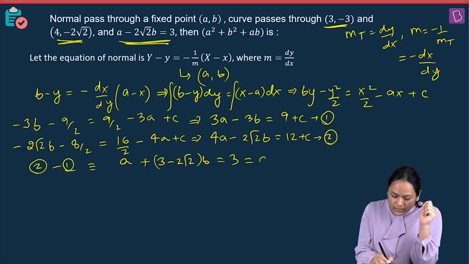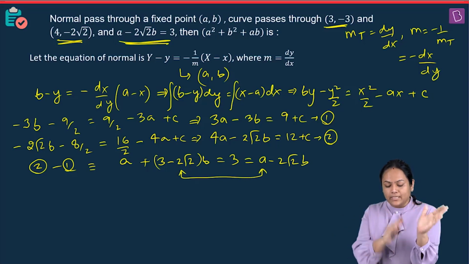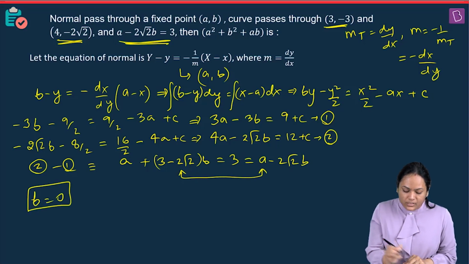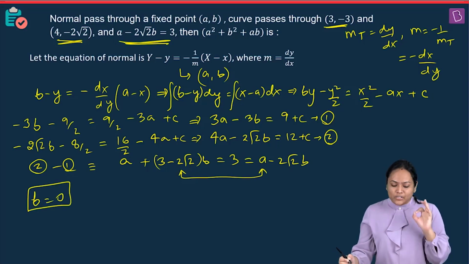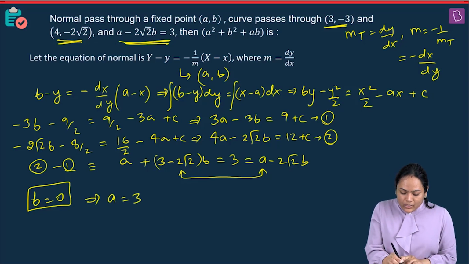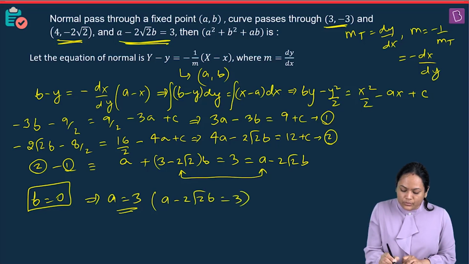So in place of 3, if I write here A minus 2 root 2B, and compare the left and right hand side, I can clearly see that B has to be 0. Right? So if my B is 0, I can say that A is equal to 3 by the condition that A minus 2 root 2B is equal to 3.